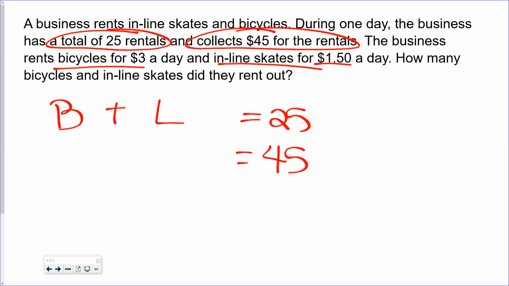The inline skates were $1.50. The bikes were $3. Again, add those up and that's going to give me 45. So again, all I'm going to do is now figure out how many bikes and skates they rented out. Pause the video and see if you can do this.